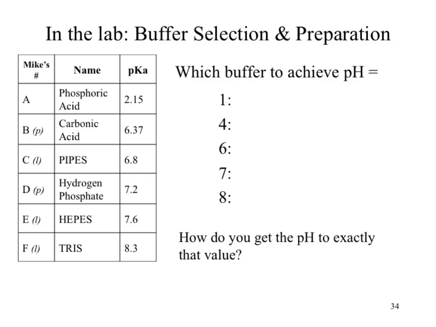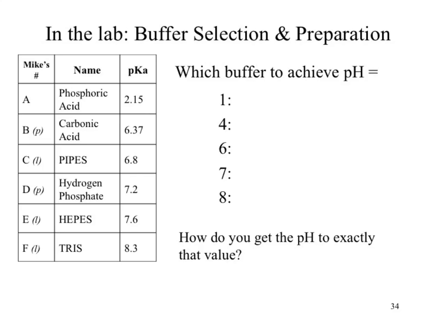So we already kind of alluded to this. We want a buffer, and with that buffer, we want the pH to stay constant if I add acid, and I want the pH to stay constant if I add base. Okay? Which means if I'm now looking at a whole bunch of different buffers, and I want to get to different pHs, I need to be careful with what buffer I select. So for instance, if I want a pH of 1, does it make sense to use tris as a buffer?